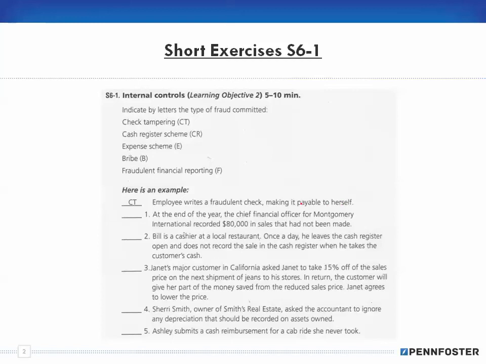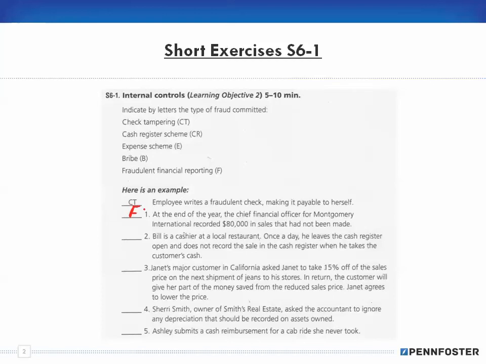So what's that? That would be check tampering, right? So number one, at the end of the year, the chief financial officer for Montgomery International recorded $80,000 in sales that had not been made. That's fraud. So it's fraudulent financial reporting.